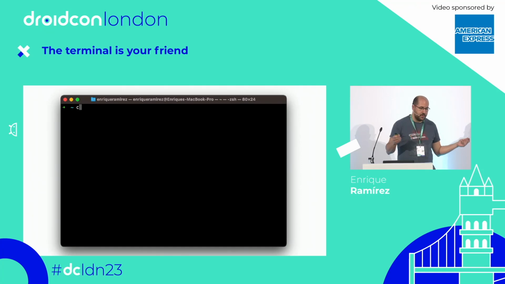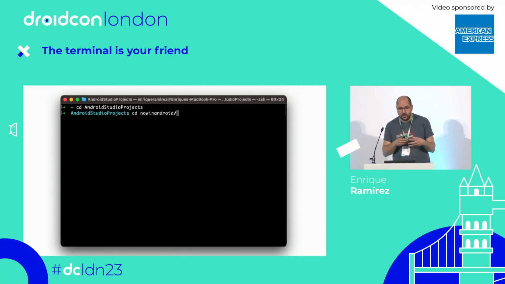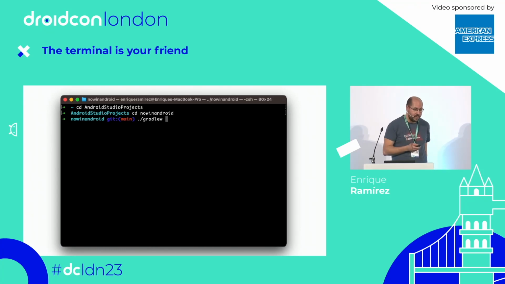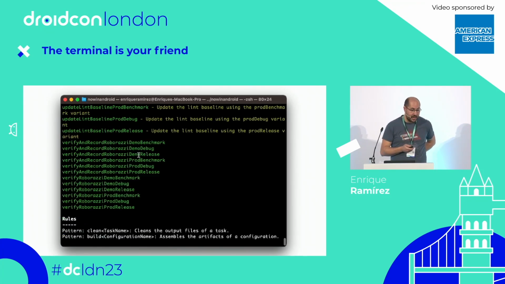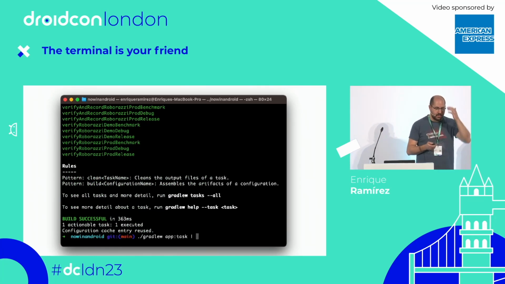So once you have a small toolbox with the basics, you could start playing with it. Here, for instance, I just checked out Now in Android, which is a reference project everyone looks at. And I was looking into what the unit test task is on this project.